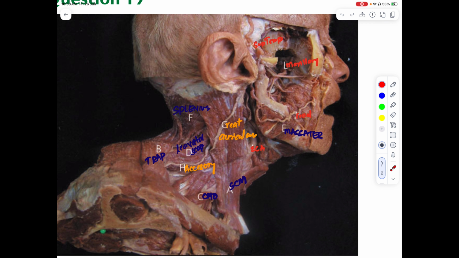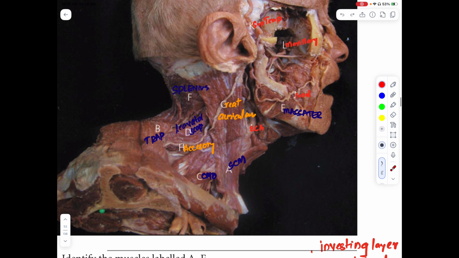Anterior triangle is divided into submandibular, submental, and carotid and muscular triangles. So this one is the carotid triangle, and this one is muscular triangle. So these are the triangles.